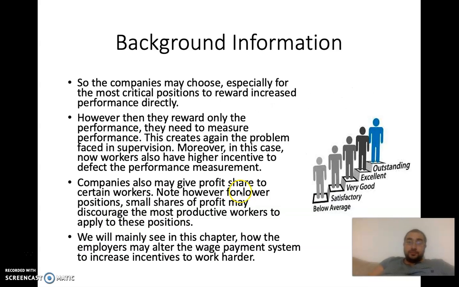So now, as I said, besides the competition which might exist, the companies might also set the payments according to the performance of the people. So the wage might be directly associated with performance.